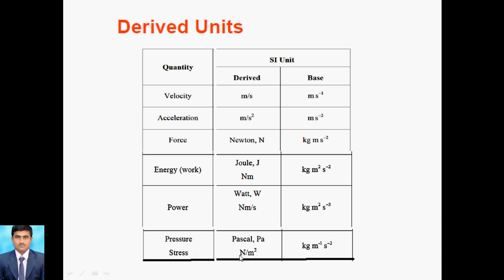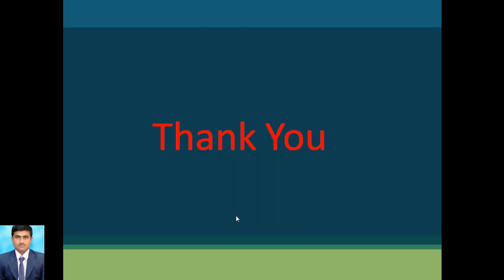Mostly in SI units we express it in terms of Newton per meter square. This is related to the SI units of fluid mechanics. Here we discussed the derived units as well as base units. In the next lecture we will discuss the applications as well as the fluid properties. Thank you.